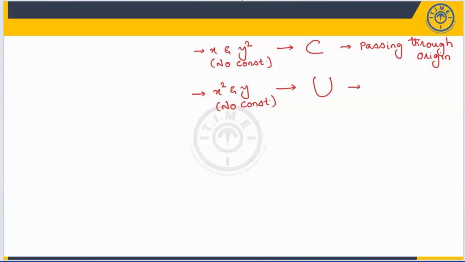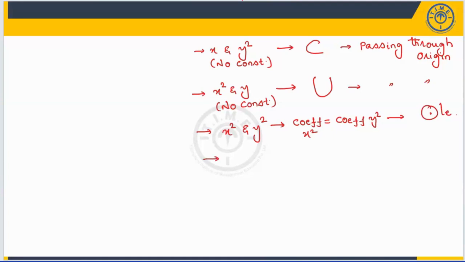U-shaped parabola, and it will pass through origin. And if we are having x square and y square and the coefficient of x square is equal to the coefficient of y square, then it is a circle.